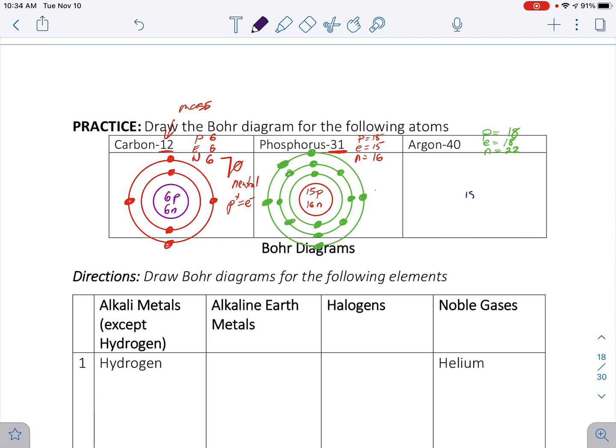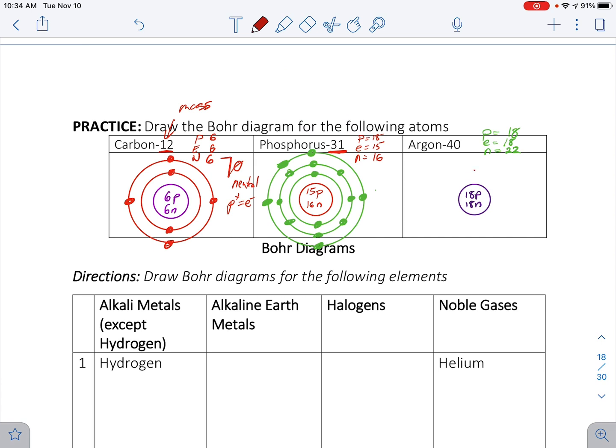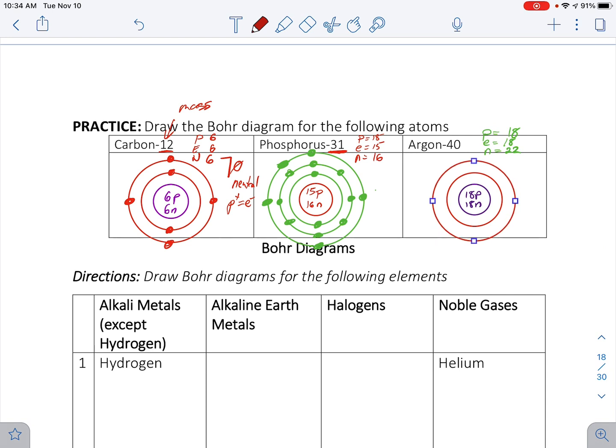Okay, let's go back to that purple, because I like that purple. So we have 18 protons, we have 18 neutrons all in the center, and then our shells, which we want to make a different color if we can, or you can use a pencil and then go really hard on your nucleus to make like a dark line.